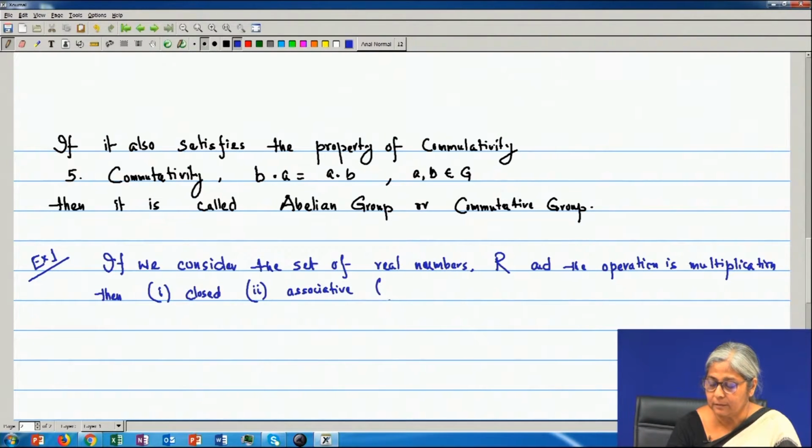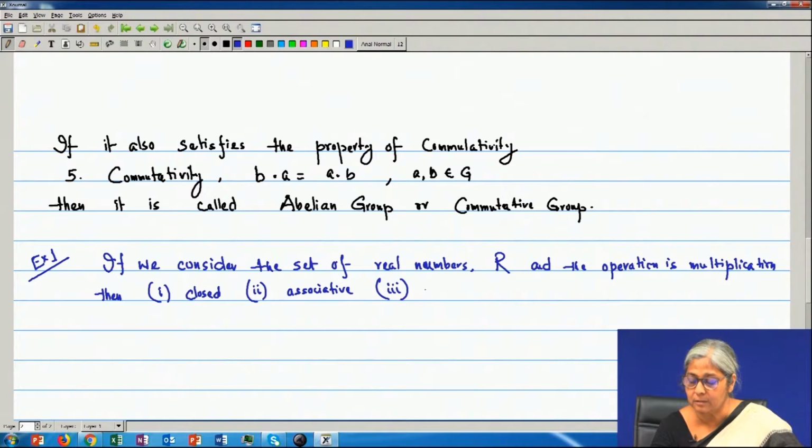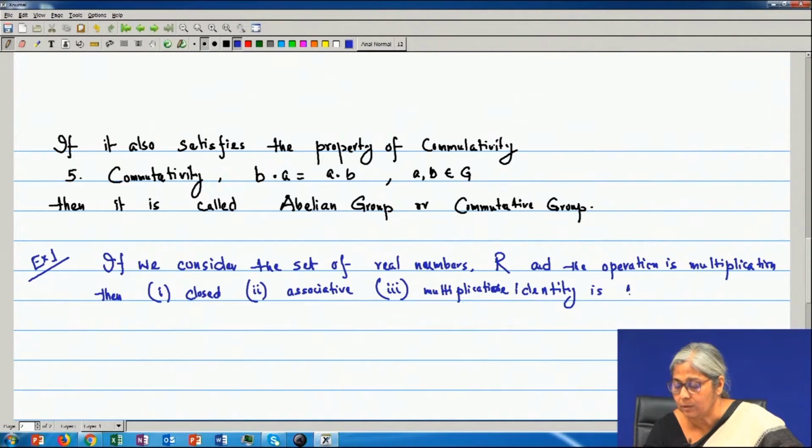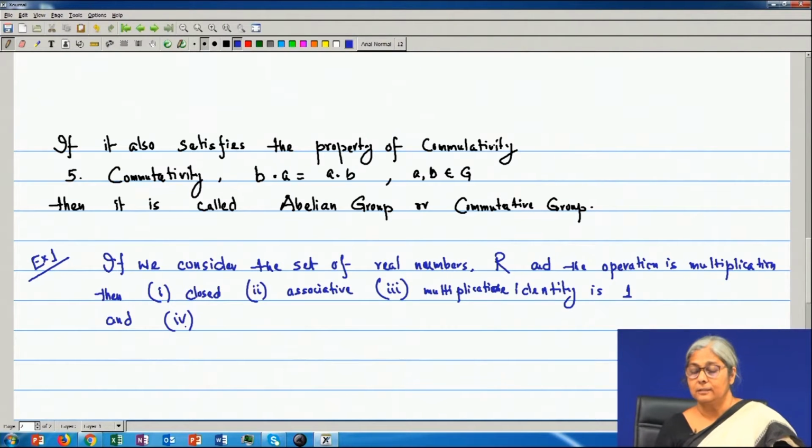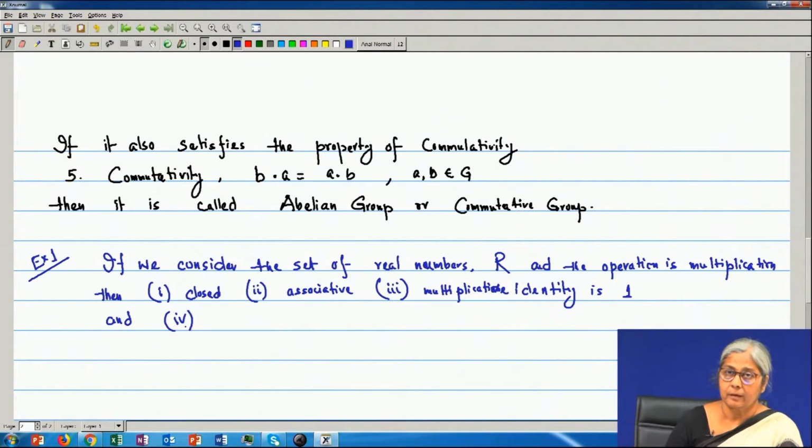Then the identity element exists, and we know the multiplicative identity is 1, and now the inverse also exists, since it is a real number.